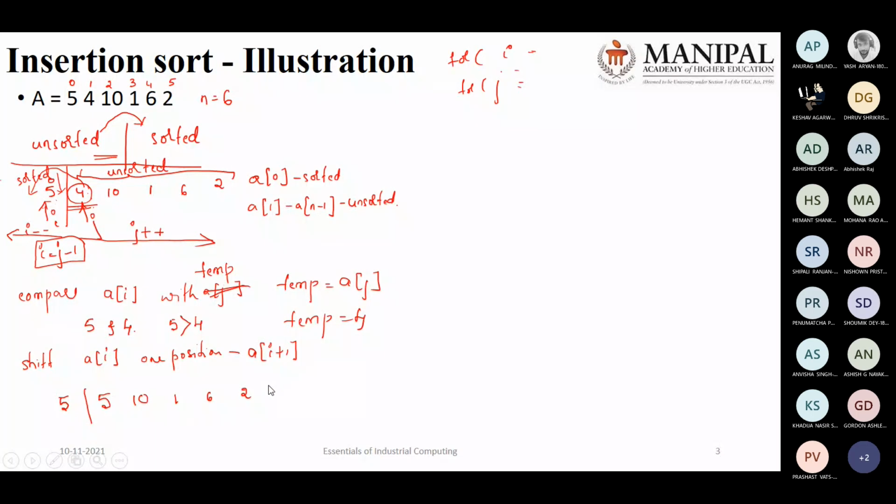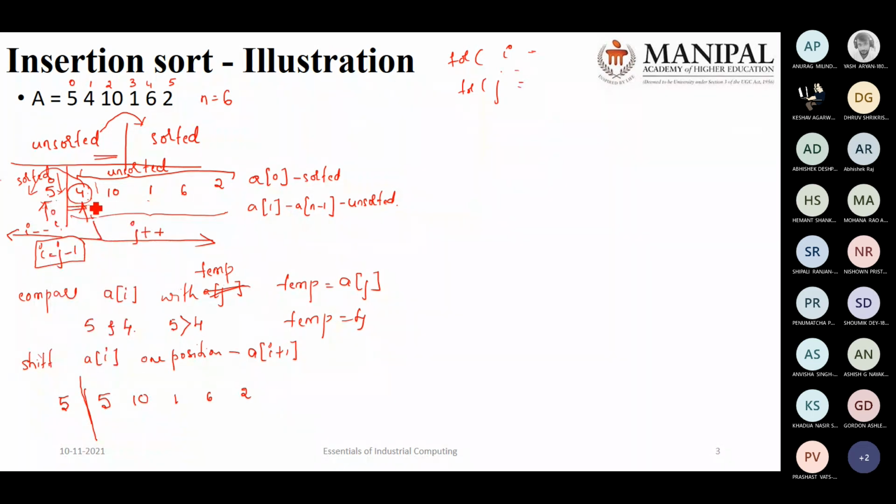Hope you understand. I will repeat the process again. 5, 4, 10, 1, 6, 2 is your array. I have made a mark here. 5 is sorted and the remaining part of the array is unsorted. You make a comparison of a of i and temp. 4 is kept in temp. a of i is 5 because your i index is pointing to this element in the sorted list.